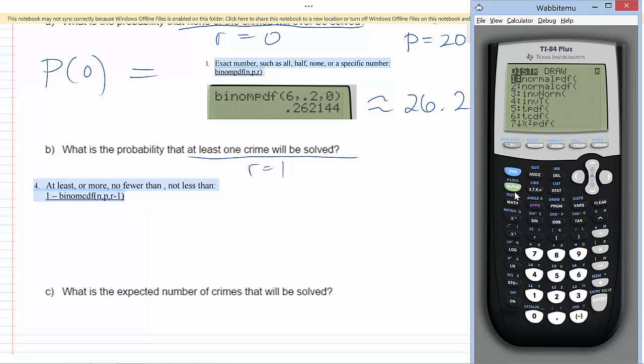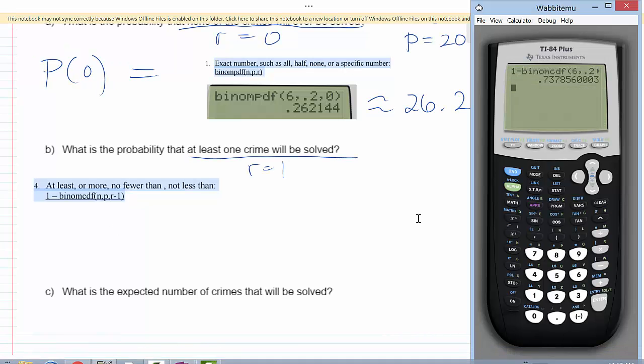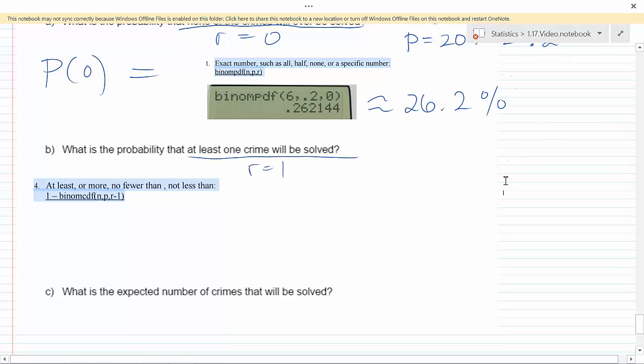Binomial CDF is alpha B. I still have 6 trials, probability of success of 0.2, and in this case I'm going to do R minus 1. That's the formula I was given. So 1 minus 1 is 0. So the probability that at least one of these cases will be solved is about 73.8%.